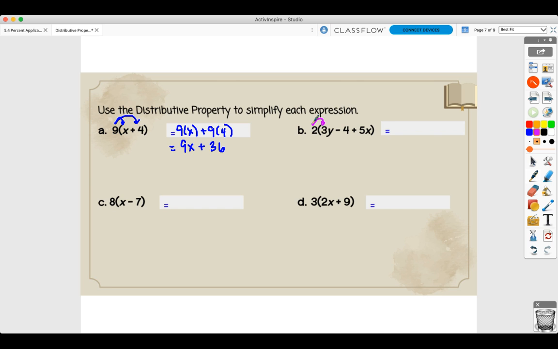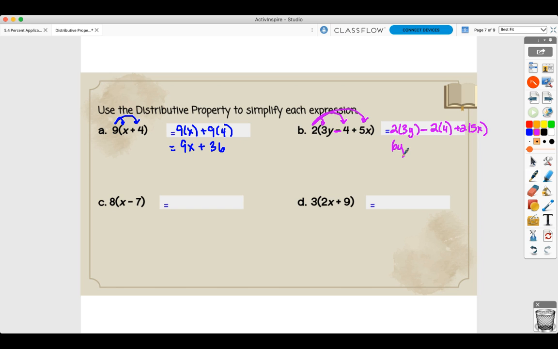2 times 3y, 2 times 4, and 2 times 5x. So 2 times 3y minus, remember, there's a subtraction sign here, 2 times 4 plus 2 times 5x. It might be easier for you to type it than it is for me to write it. And now let's just simplify each term.